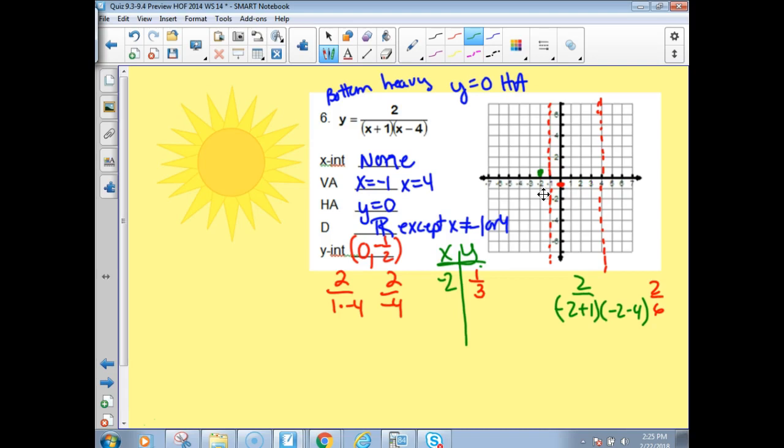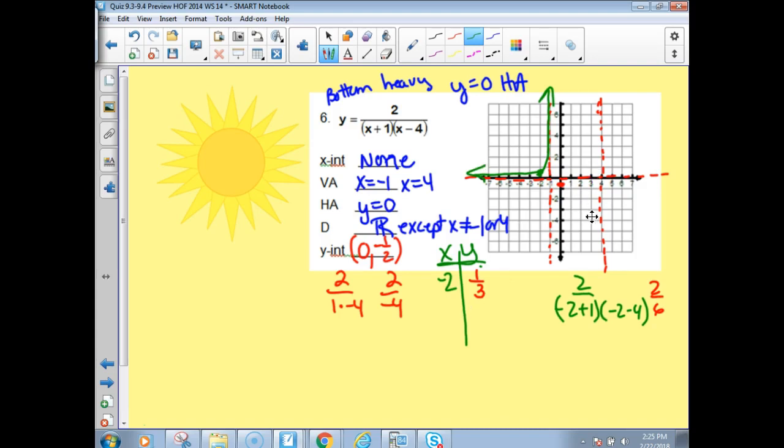Oh, I forgot to put in my horizontal asymptote. That would be helpful to remind myself that it is there. So then this is running along that, comes and hits at -2, 1/3, and then shoots straight up the other asymptote, the vertical asymptote.